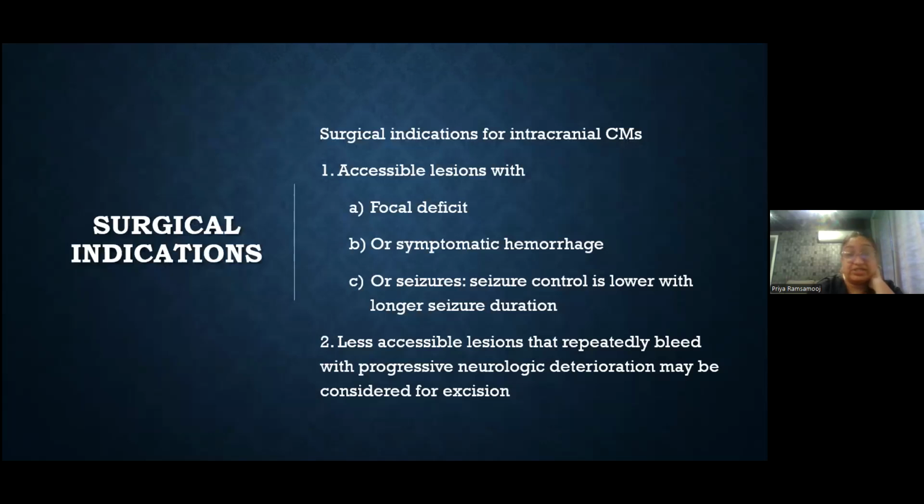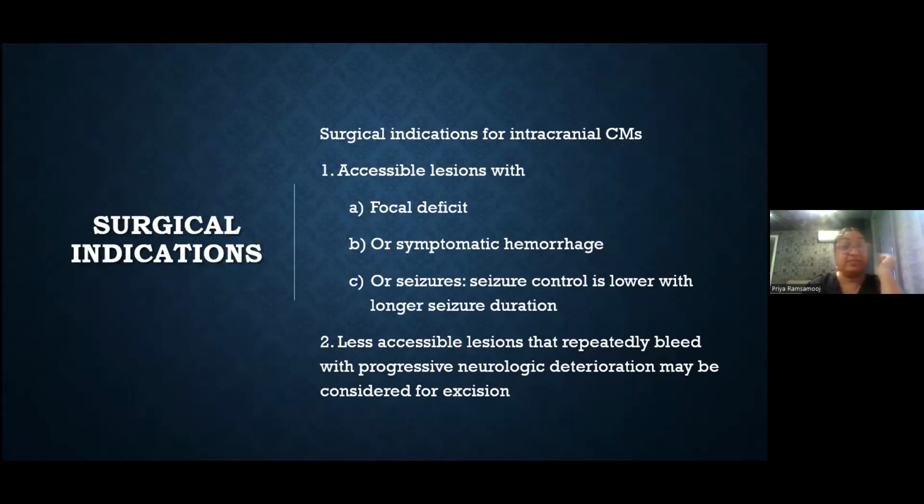So true surgical indications, to wrap it up, are accessible lesions with focal deficits or symptomatic hemorrhage or seizures. In essence, seizure control is lower with longer seizure duration, of course, and less accessible lesions that repeatedly bleed with progressive neurological deterioration may be considered for excision.